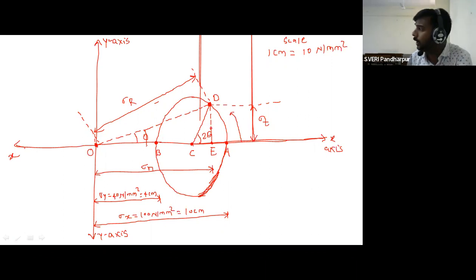While solving numericals, represent the position of sigma n, sigma t and sigma r for each and every numerical, so it is clear in the figure which distance is sigma n, sigma t and sigma r. Have you located all four unknown parameters on the figure? Sigma n, sigma t, sigma r and phi.